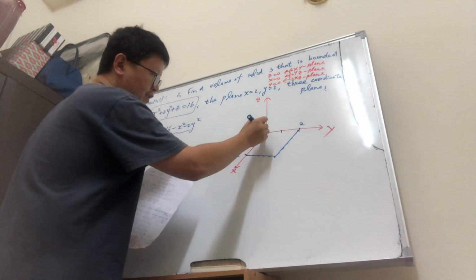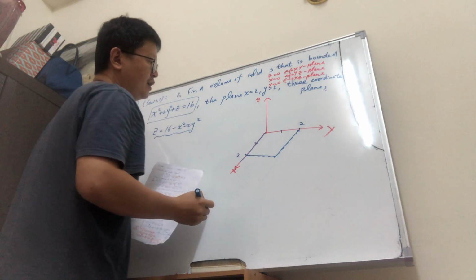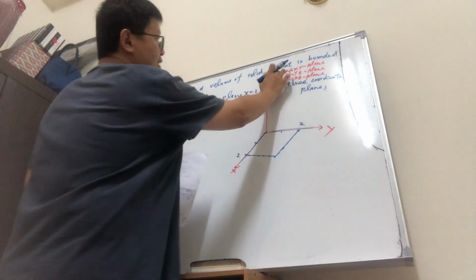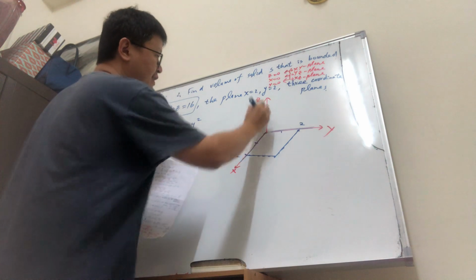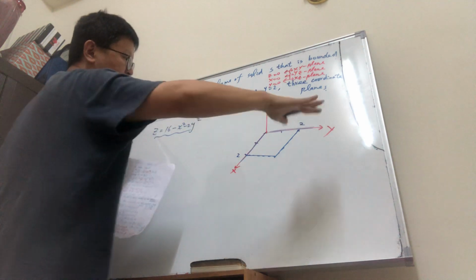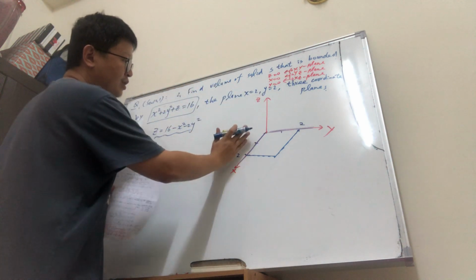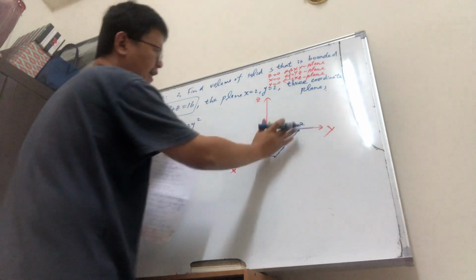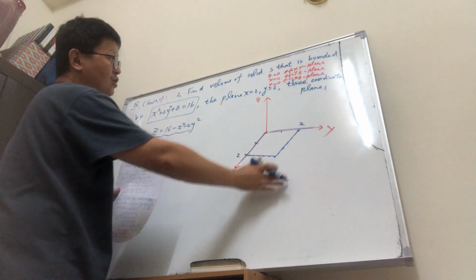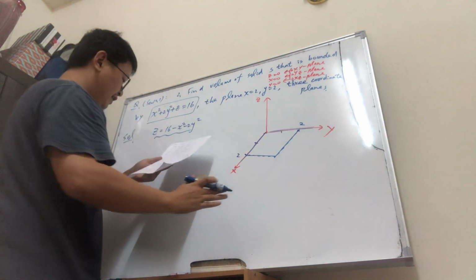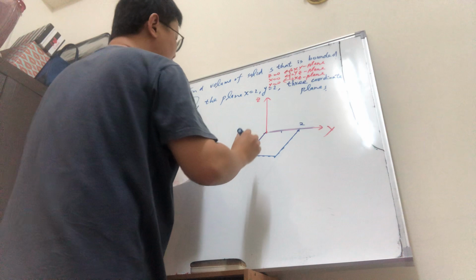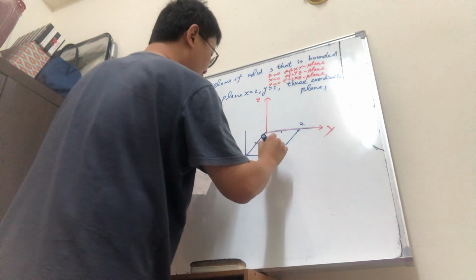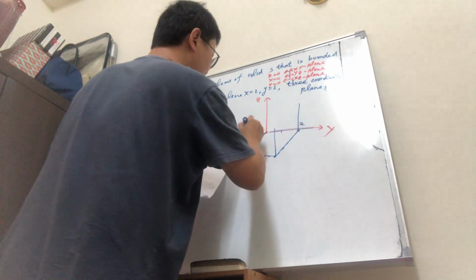And x equals 0 and y equals 0. And z equals 0 is the xy plane. x equals 0 is the yz plane. y equals 0 is the xz plane. And x equals 2 is also a plane. So the graph probably is of this form. I could graph it.